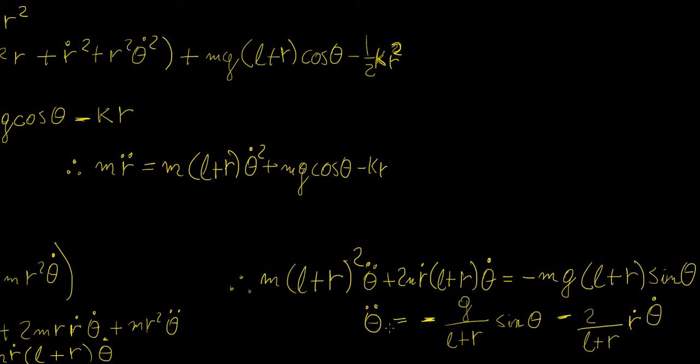So this one is going to be for the angular acceleration of the mass, but now you notice it is also dependent upon angular displacement, radial displacement and radial velocity. So we have two equations of motion, both of them nonlinear.